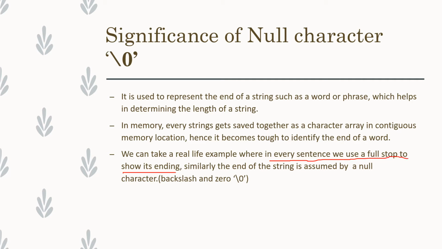Similarly, the end of the string is also assumed by a null character, that is backslash zero. If I'm not mentioning a null character, or my compiler is not adding a null character into my string, it will never know where my word is ending, where my line is ending, because everything will get stored in contiguous memory allocation, as we have seen in the array also. Here we are having a character array. So because of the consecutive array location storage, we need to end this with a null character.